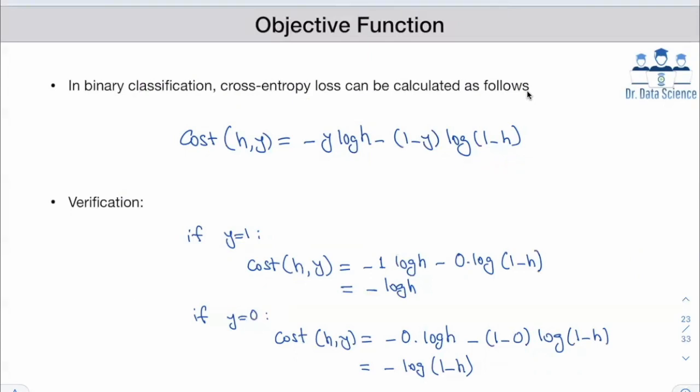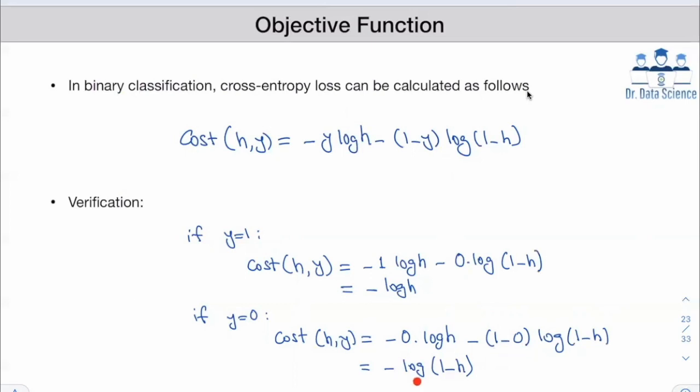So let's verify that this is actually the same as what we had in the previous slide. If y equals 1, here we get 1, and here we get 1 minus 1, which is 0. So we get rid of this term. So that's what we have here. So we get negative log of h. And when y equals 0, when you plug it in here, you can see that we get 0 and then 1 minus 0, which is 1, right?